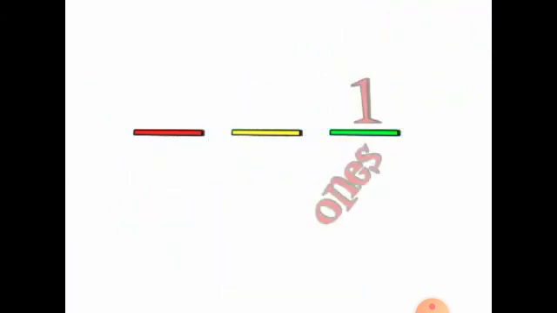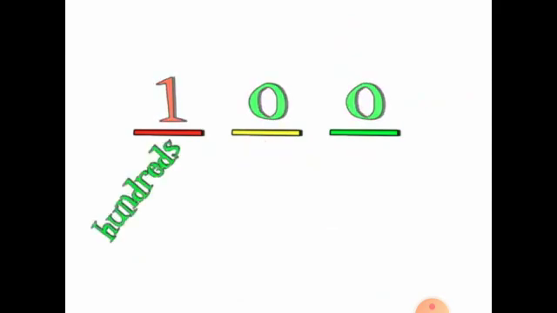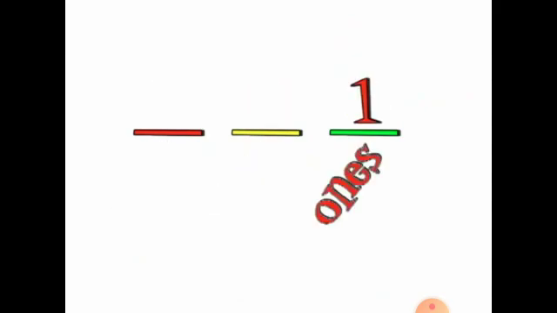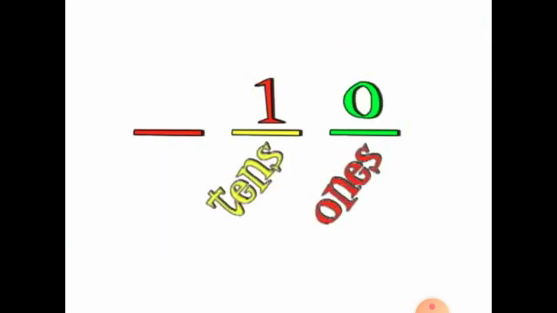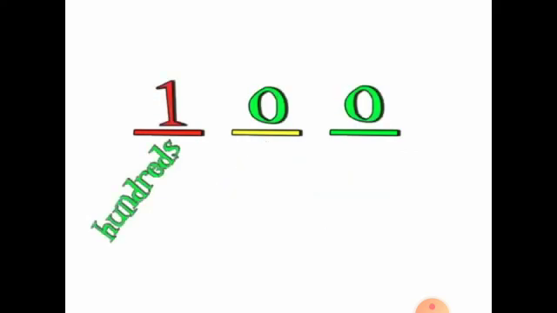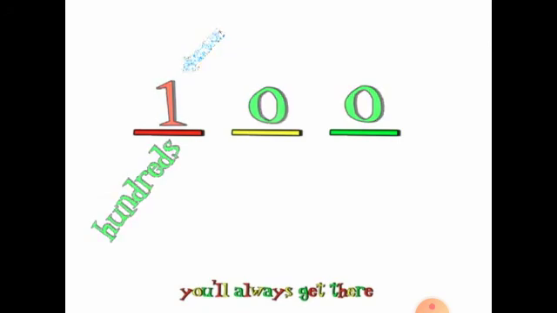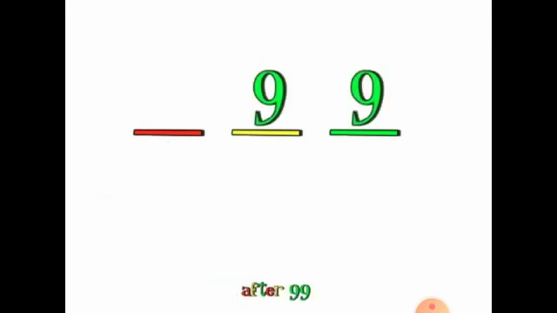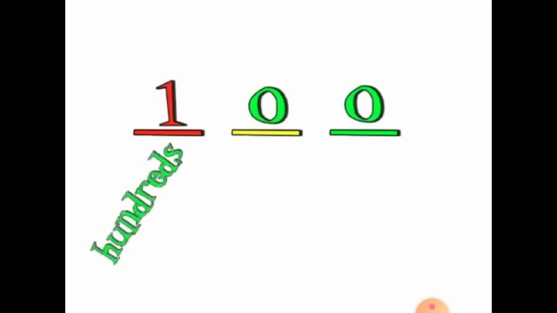tens. Everybody. Ones, tens, hundreds, say ones, tens, hundreds, say ones, tens, hundreds, every time, it happens every time. The hundreds place, is third in line, you'll always get there. Get to 100. After 99, the hundreds place, is third in line, you'll always get there. Get to 100.